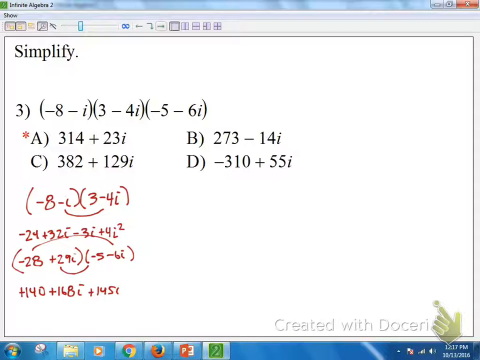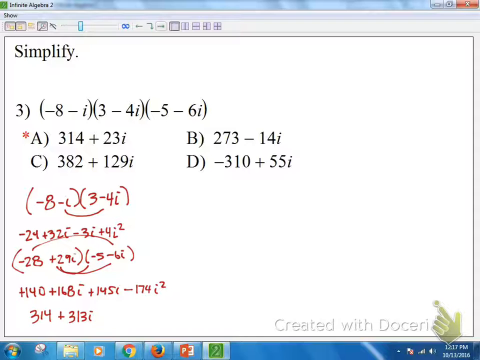And then we have 29i times negative 6i is going to be negative 174i squared, right? i squared in this negative is like saying positive 174. So positive 174 plus 140 is going to be 314. And then 168 plus 145 is going to be positive 313i. And I hope I got the right answer here.